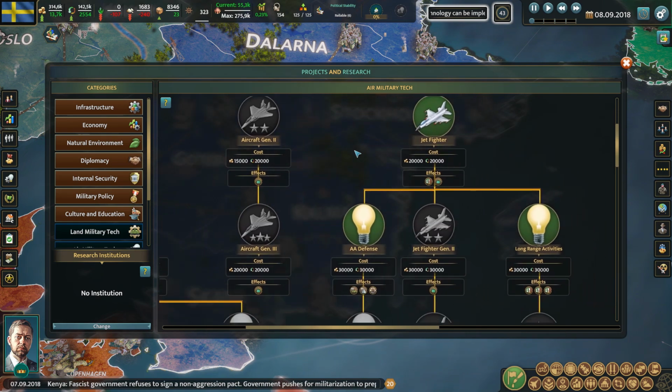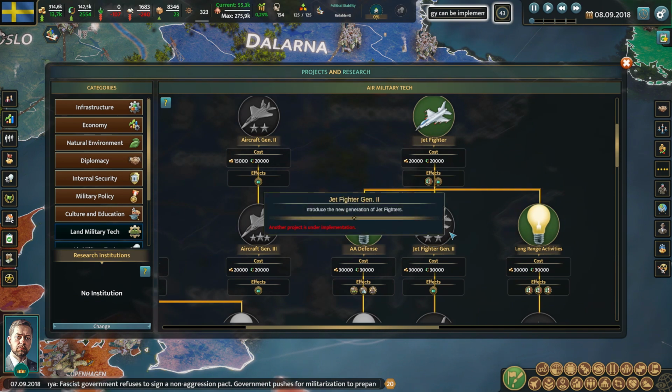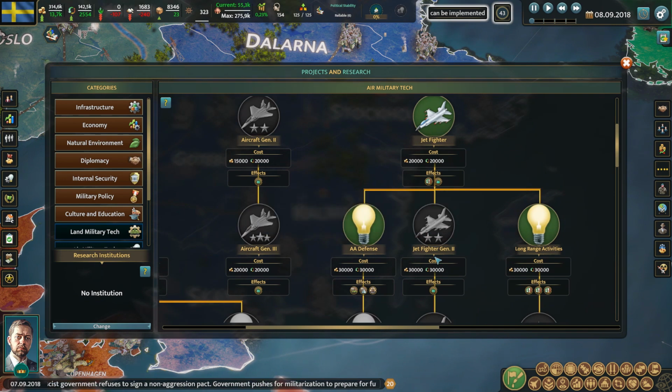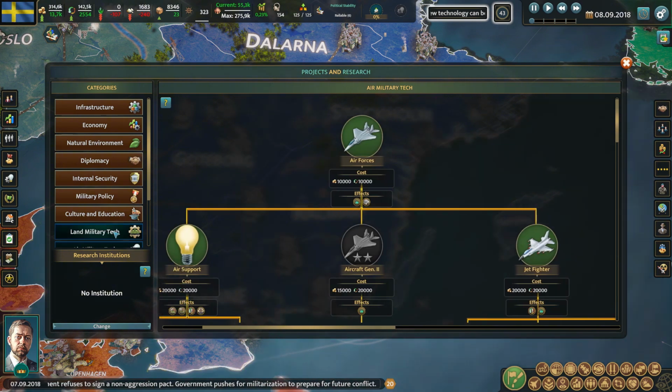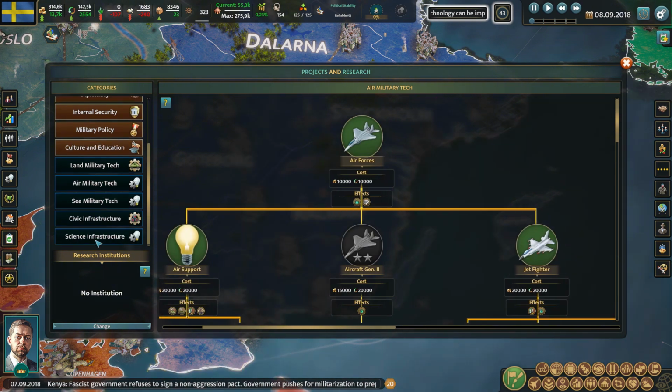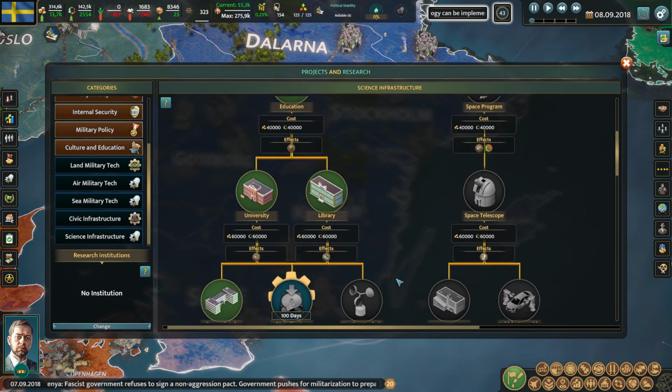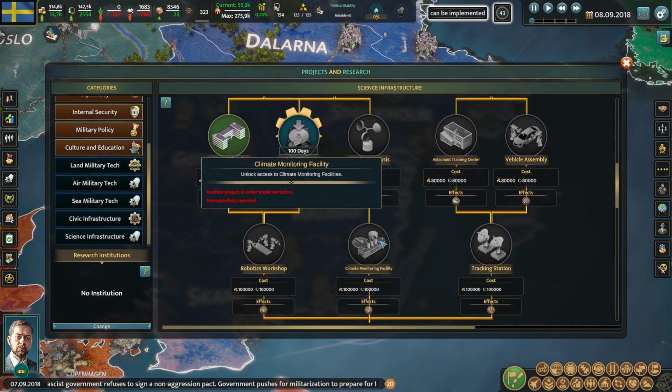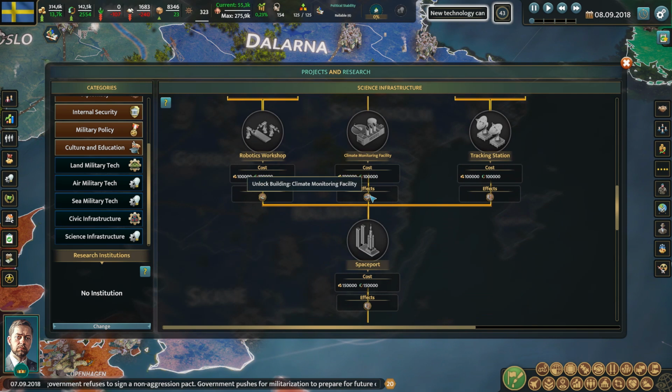Once you, for example, come up with the jet fighter generation 2, you pay off, you get the effect, you can recruit it. The same goes for the science structure. Once you unlock them, though they are pretty expensive, you are able to use them.